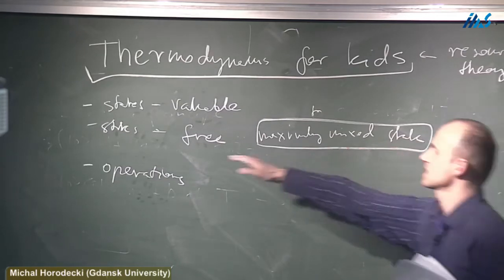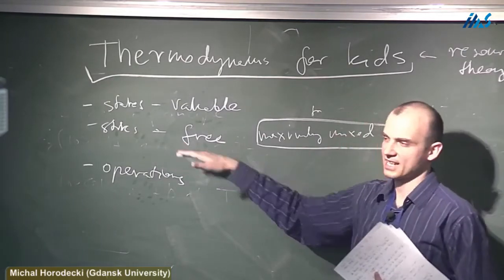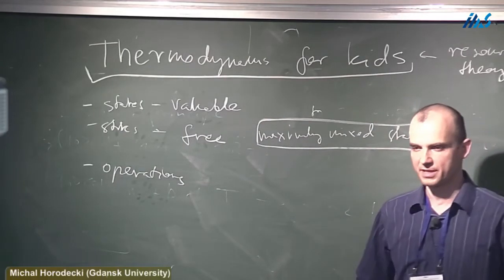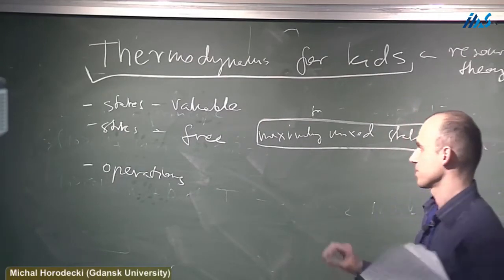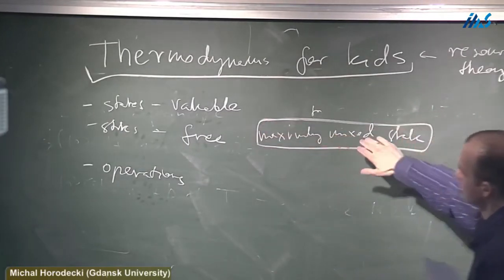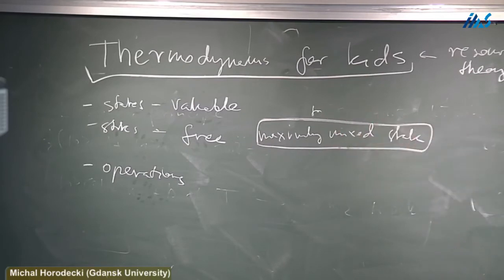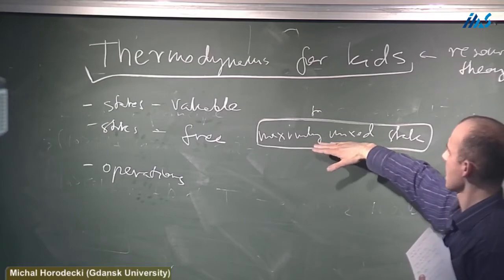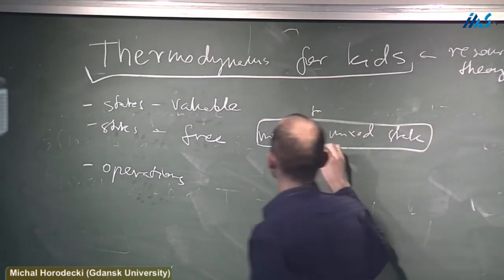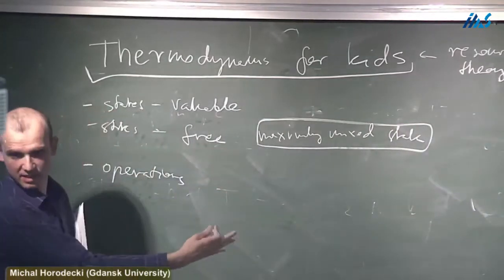More generally, it is like saying that I have a heat bath for free at a given temperature. But here, as I said, this is the information theory version, so I am only talking about this. There is no energy, no heat bath. We can just think of states, and this is the free state. A valuable state is anything that is not like this.